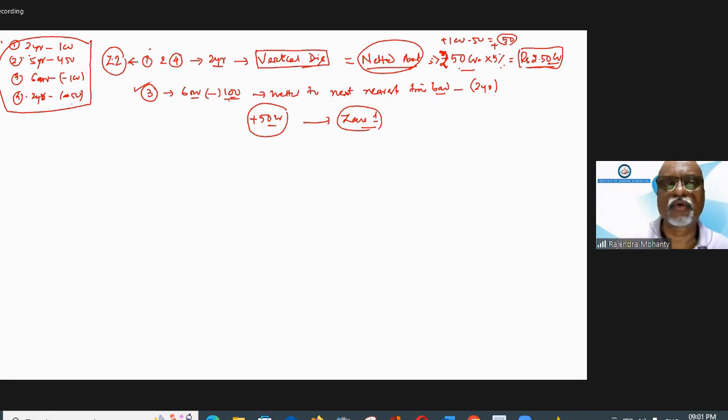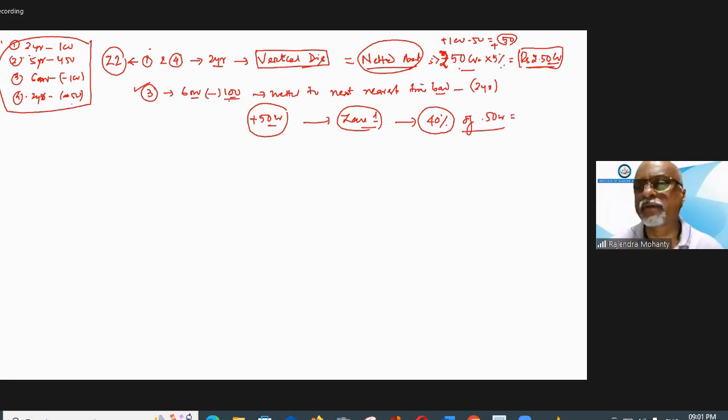This belongs to zone 2. So it is 40%. Very good, which indicates that there is inter-zone netting. So the horizontal disallowance will be 40%. So 40% of 50 crore.